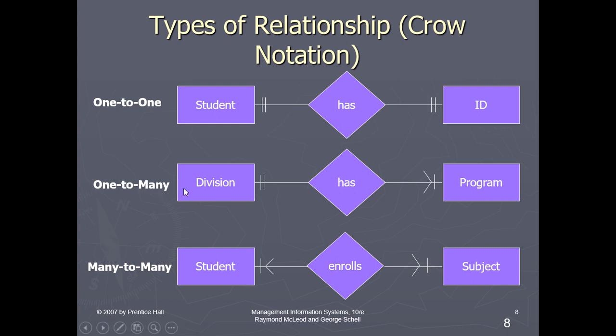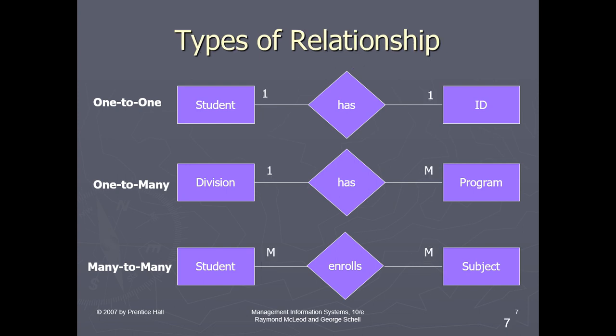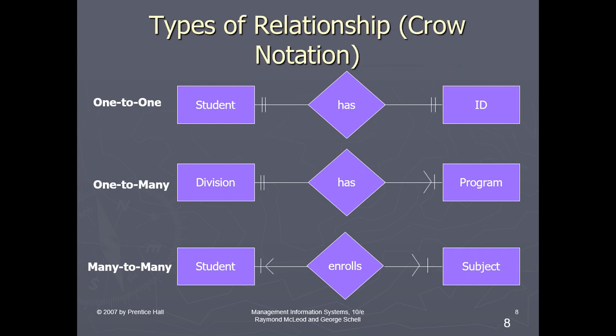So in 1 to many, in division you have 2 bars, and in the program side you have the greater than symbol and 1 bar. For many to many, we have the greater than symbol on both sides. So that's it. But I prepared this one for when we design. It's very simple to understand. So 1 is identified as 1, M is identified as many.